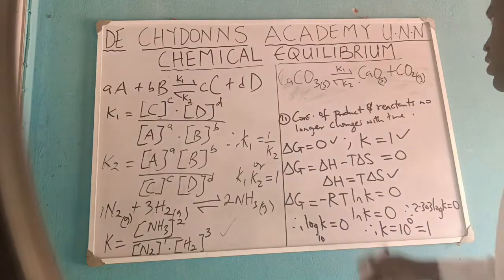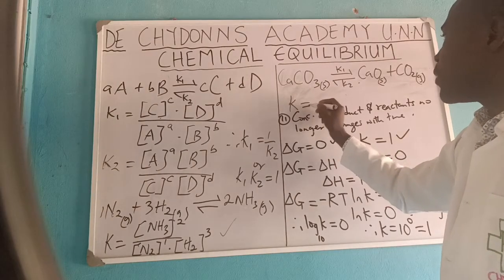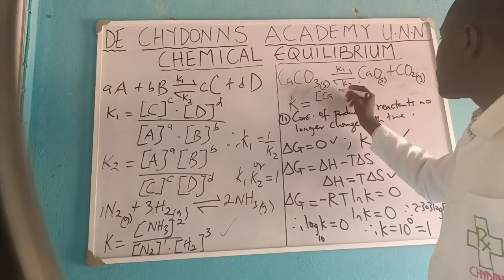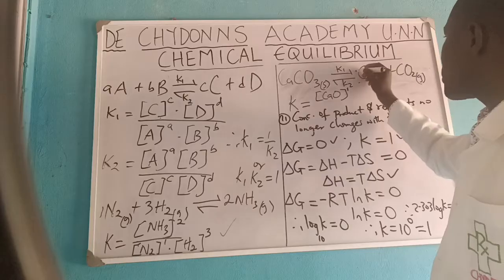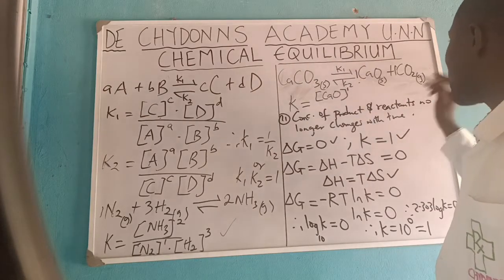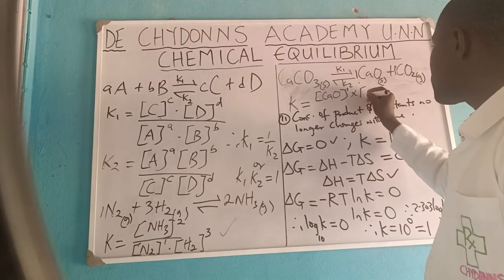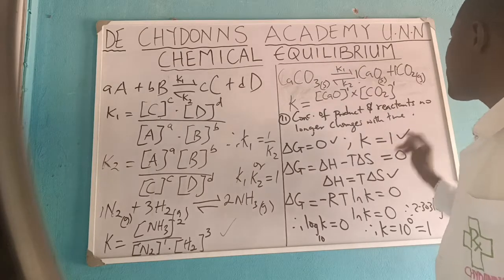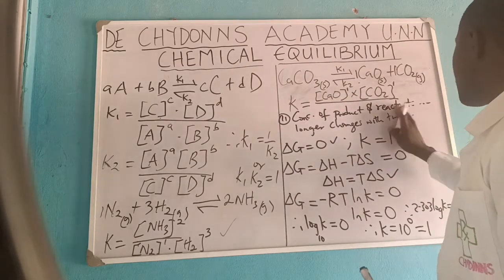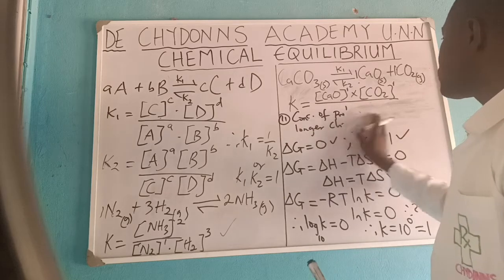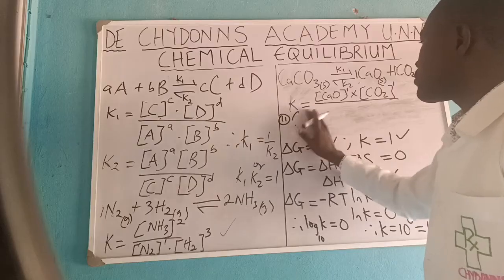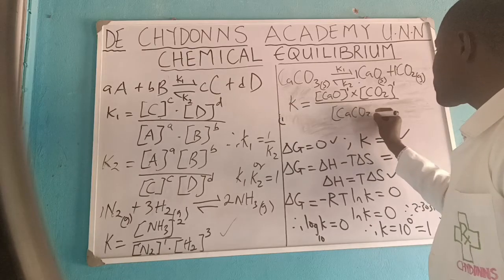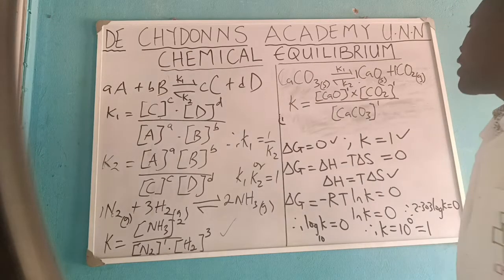In this case, our equilibrium constant K will be equal to this one raised to the power of 1, because the number of moles is 1, times this one raised to the power of 1, because the number of moles of it is 1, all over this calcium carbonate raised to the power of 1.